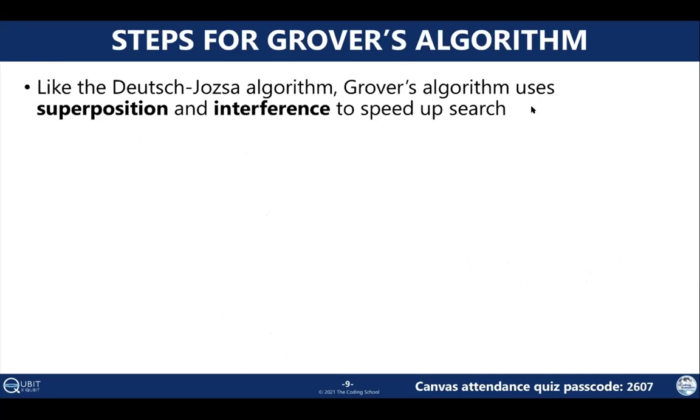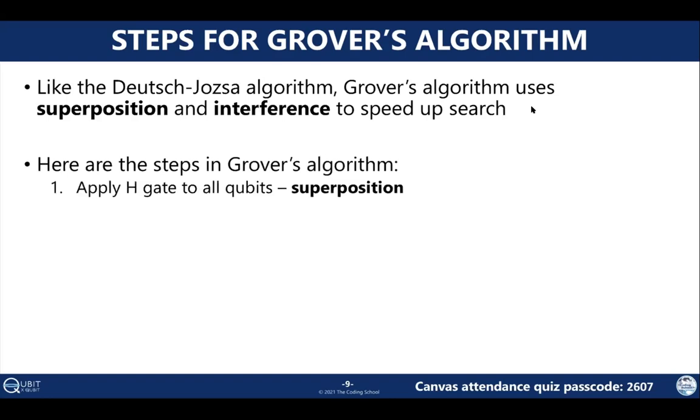So the steps for Grover's algorithm: first put everything into a superposition state and then interfere them through a combination of an oracle and what's called a Grover's diffusion operator. And we'll go into what each of those are. So we use Hadamard gates to create these superpositions.